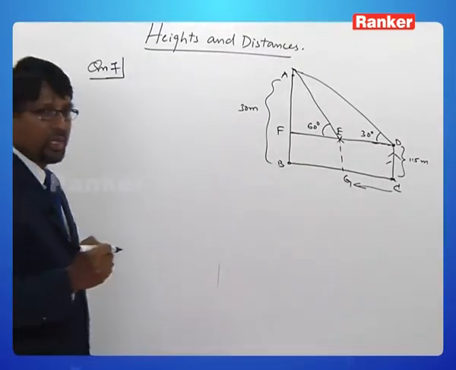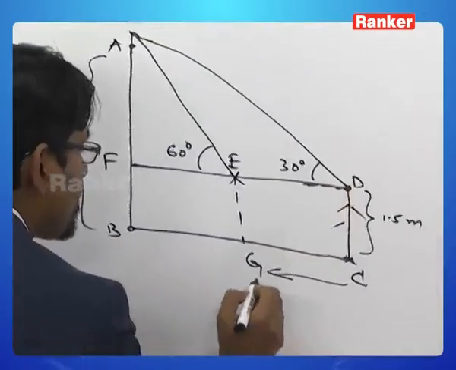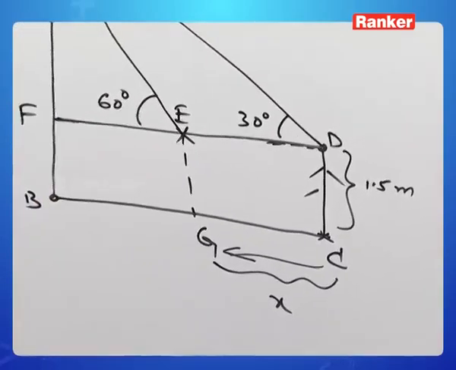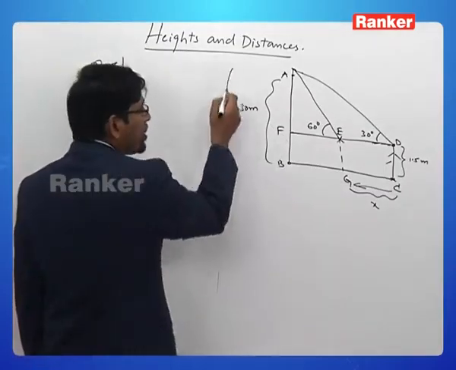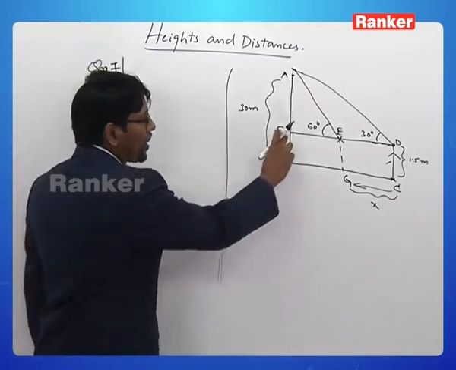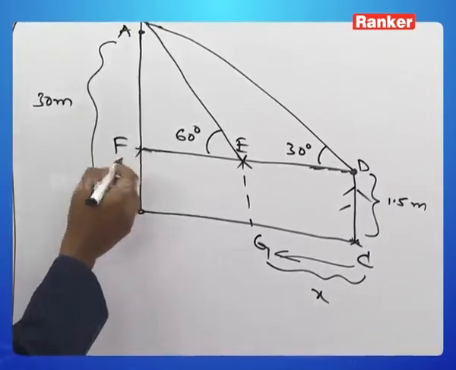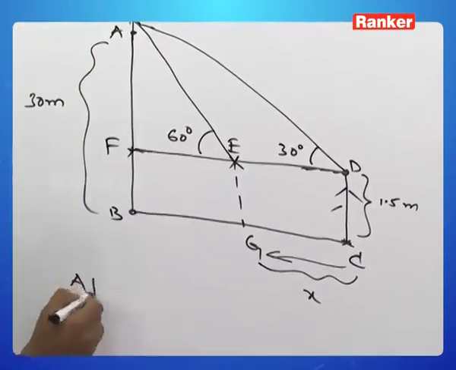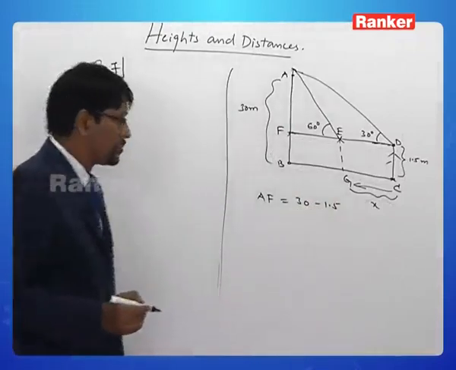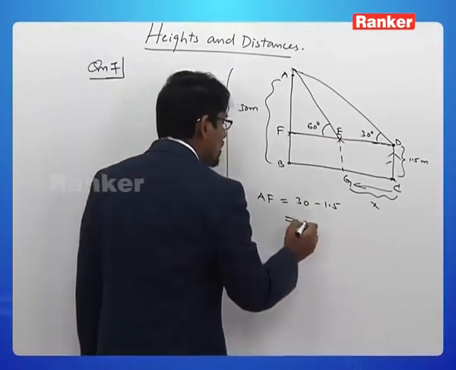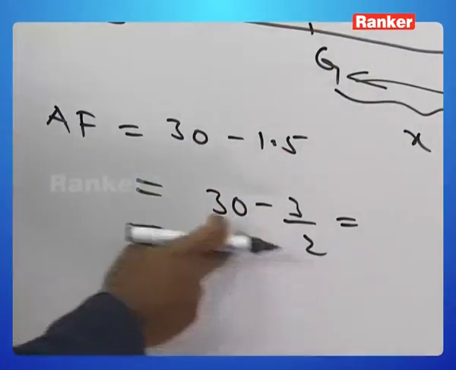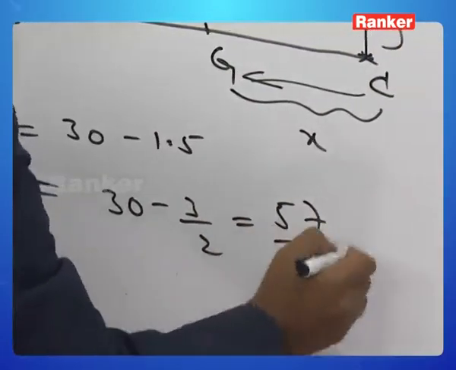Okay. Now what we are asked to find out is the length CG. Let's call this as X. So what is the length CG there? Now observe that your AF is 30 minus 1.5. Let's convert it into fractions. 30 minus 3 by 2, that is 57 by 2.